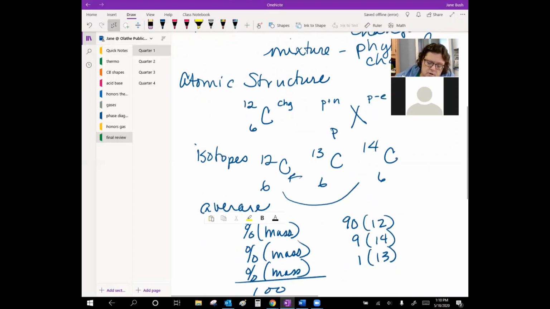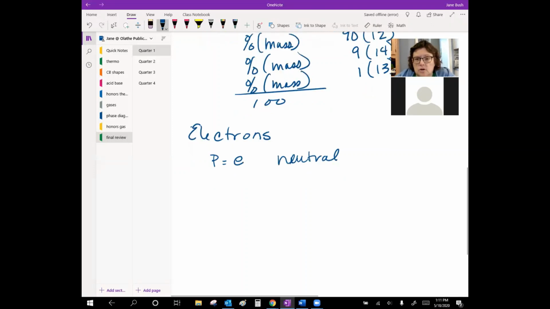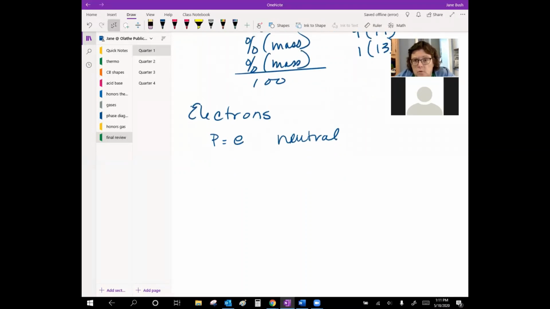Let's see, electrons. If it's neutral, the protons are going to equal the electrons. And remember that the electrons live in different places. I'll send you guys a hotel chart that you can print out if you want. If we were in class, I'd give you one. But let's recall how the electrons situate.